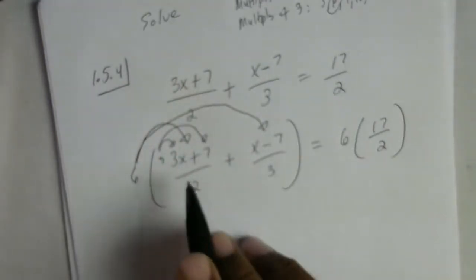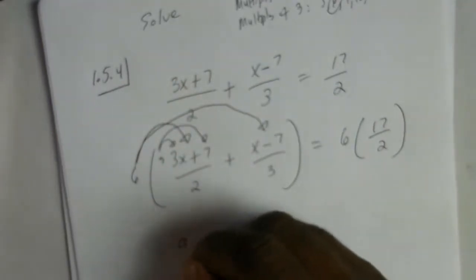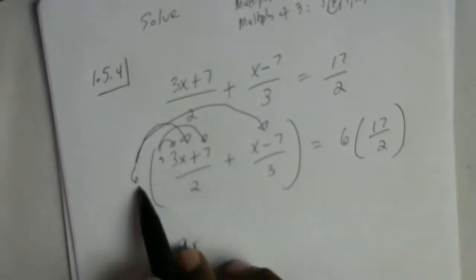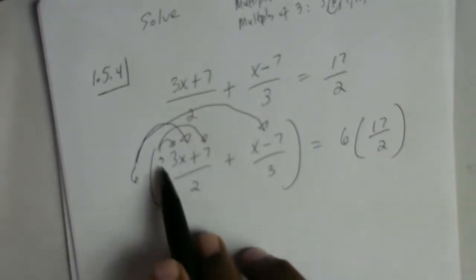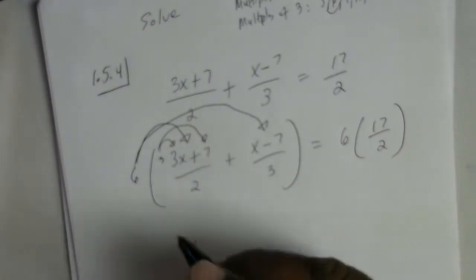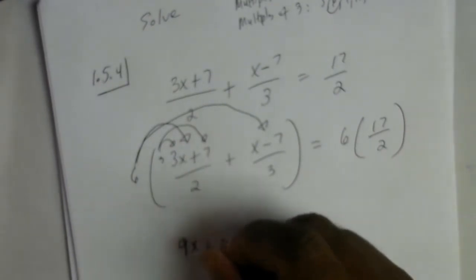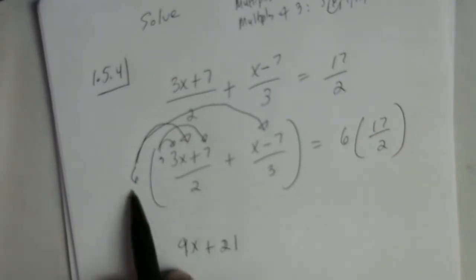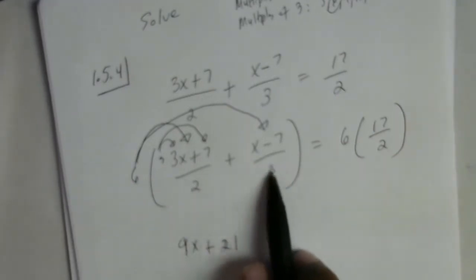So 3 times 3x is 9x. 3, because we reduced that 6. 3 times 7 is 21. When I multiply 6 times x plus 7 over 3, the 6 and the 3 reduce to a 2.